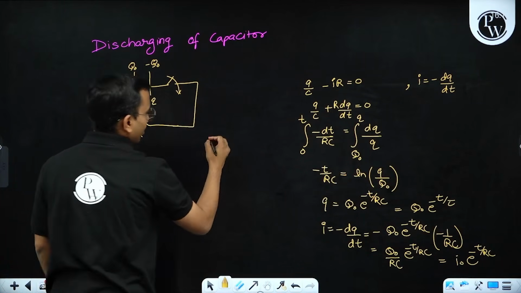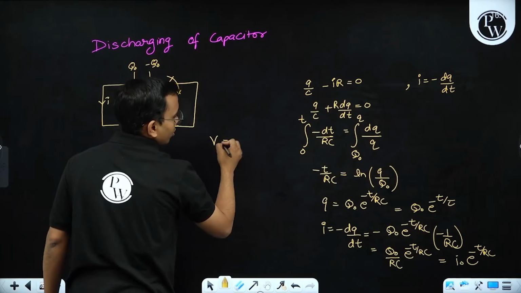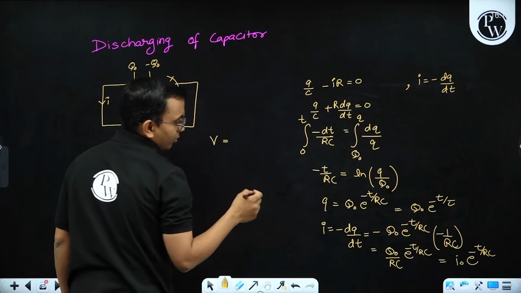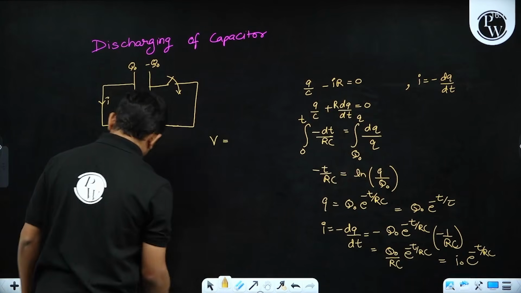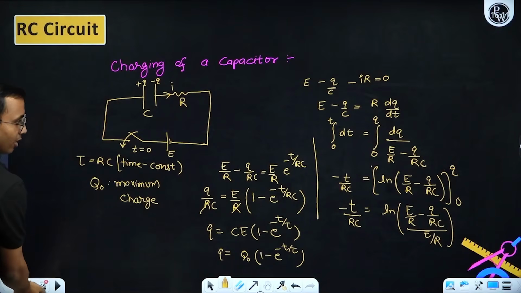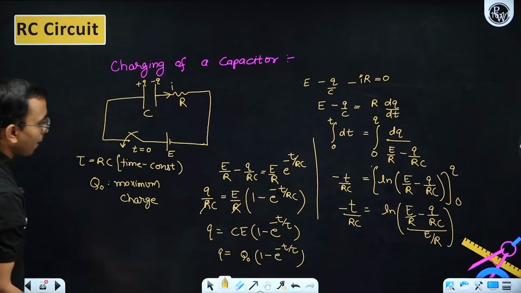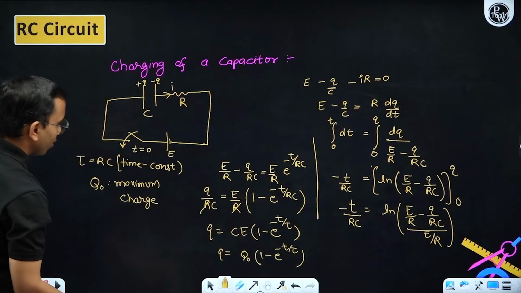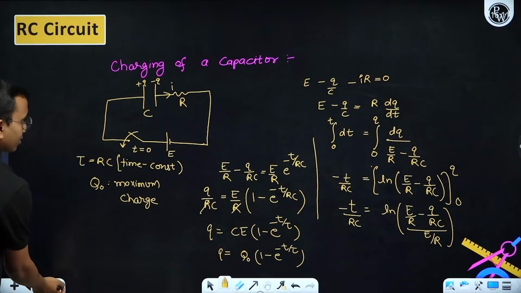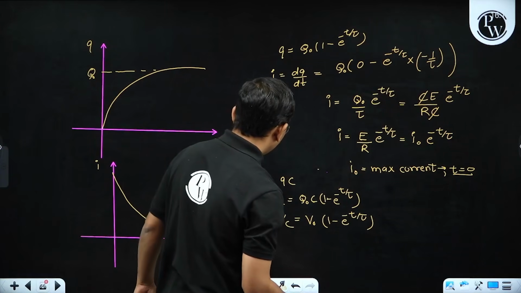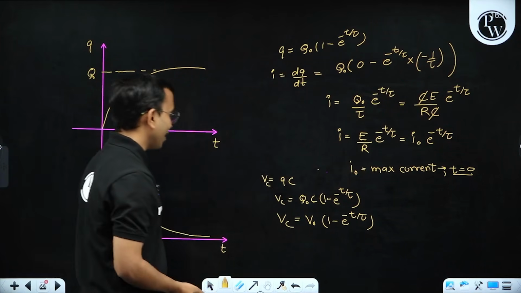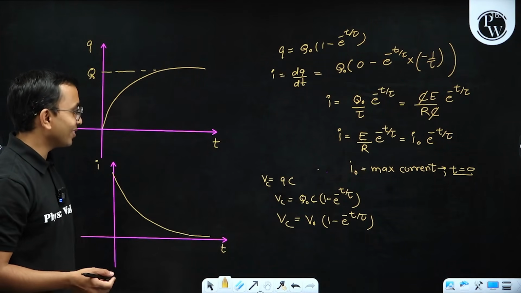Potential, if you write Q into V is equals to, Q is equals to CV. Did I make any mistake previously? Let me check the charge I mentioned there. Okay, I did make a mistake here.